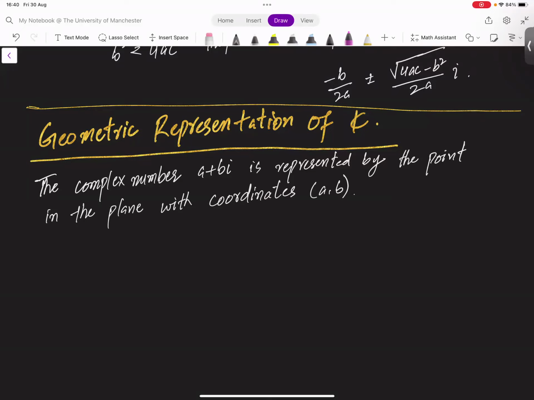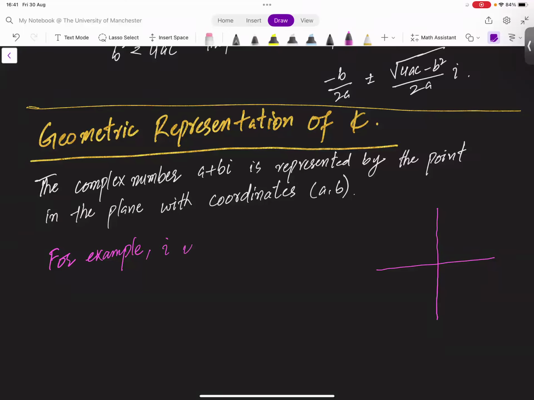So let's draw the plane. And for example, iota is represented by what?